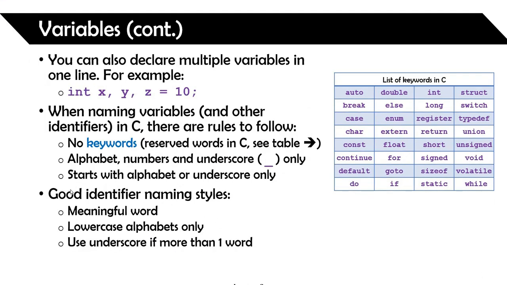Now, when it comes to the naming convention for variables, also known as identifier naming styles, it will be good if you can have some meaningful word, try to use lowercase alphabets, and use underscore if more than one word. Why do we want to put a meaningful word? For example, you want to write code to add two values.